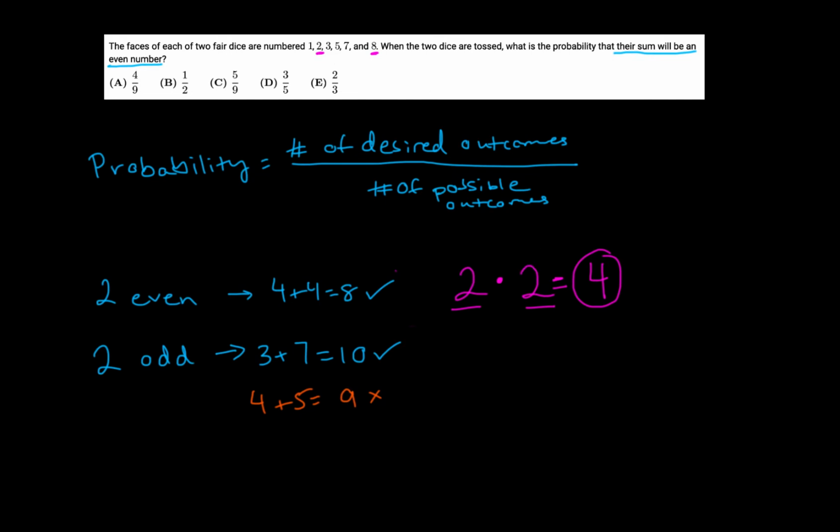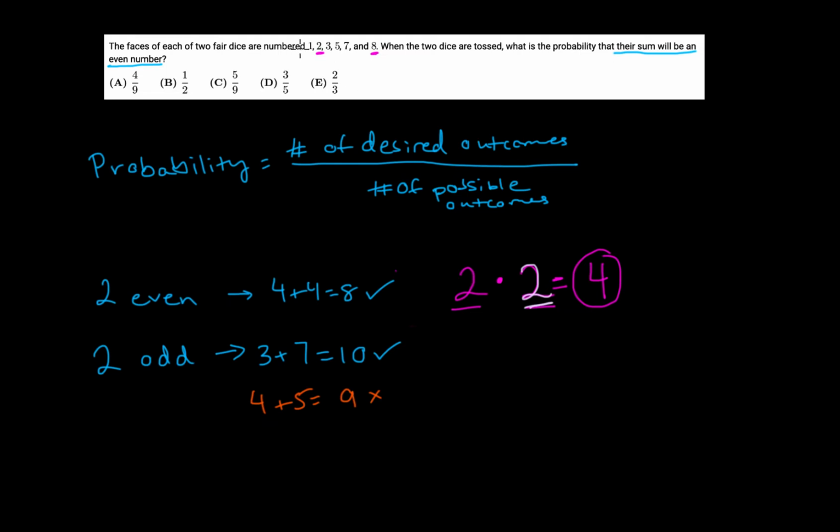I'm going to overwrite this in a different color so that I can keep that consistent with the second one that I'm about to do. For the next one, we are going to do the same thing, but this time for odd numbers. How many possible ways are there to get odd numbers?